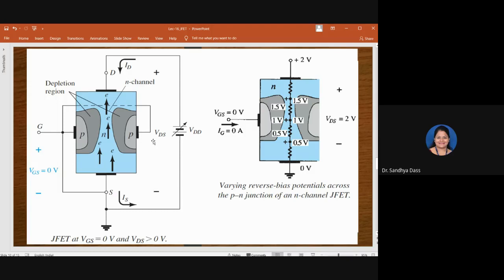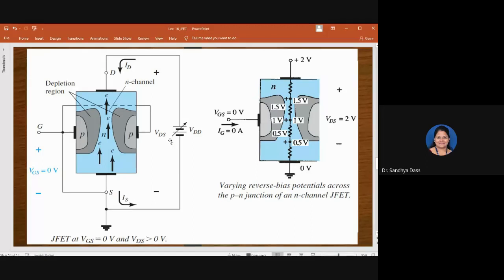So as you increase VDS, electrons get attracted towards the drain terminal, and there is a flow of current happening. Mind you, keeping VGS equal to 0. We have not applied any potential across gate and source. Only we are varying VDS, the voltage across drain and source.